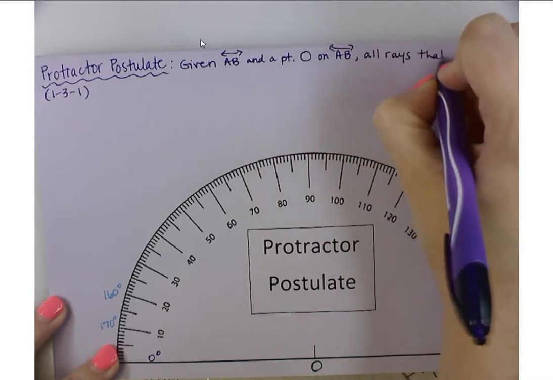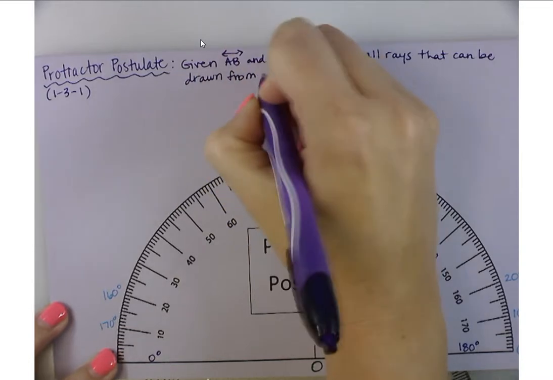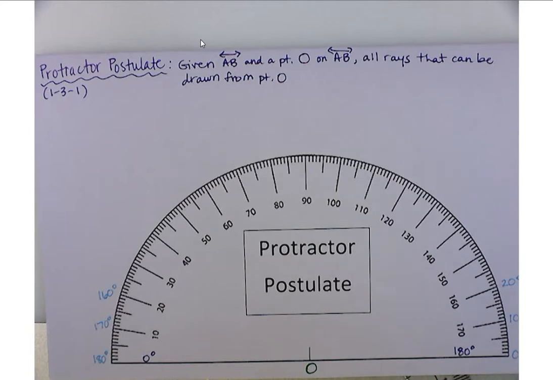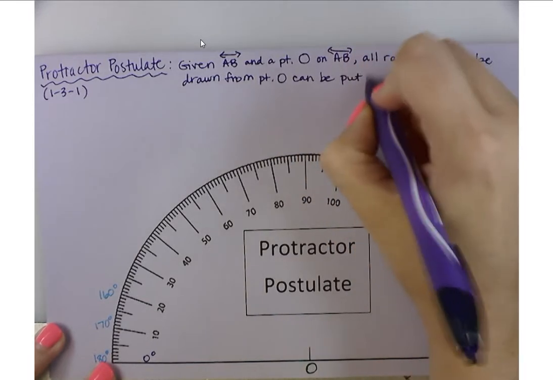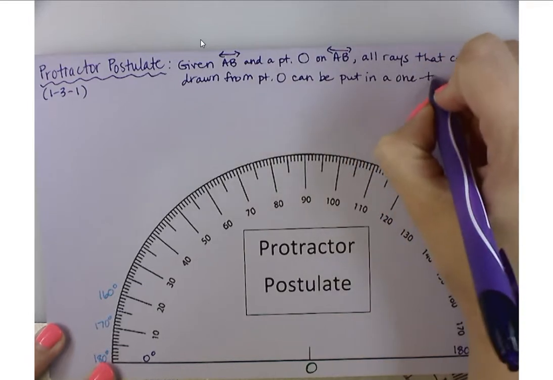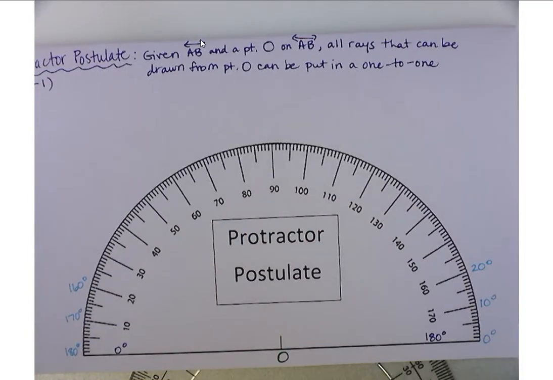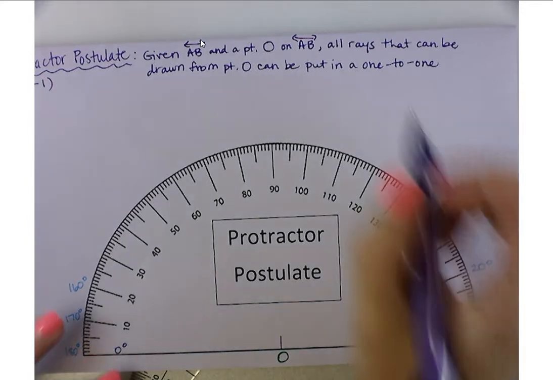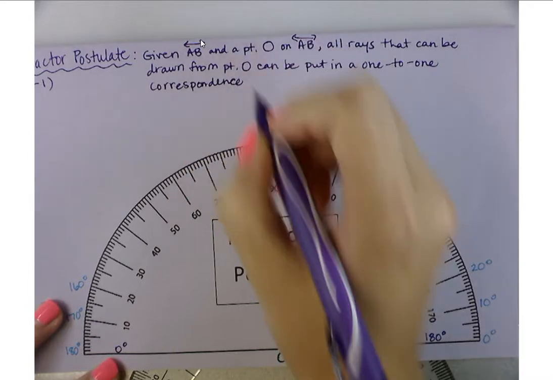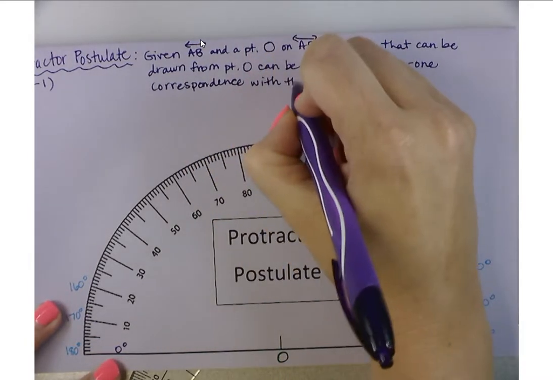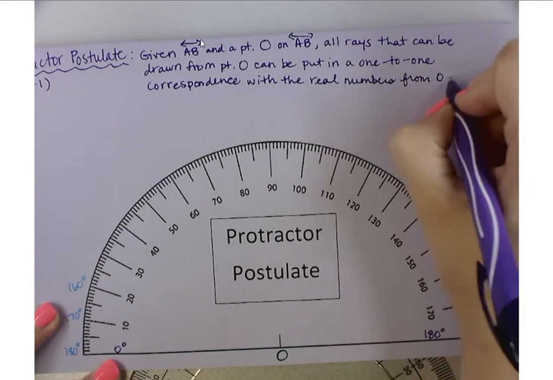All rays that can be drawn from point O can be put in a 1-to-1 correspondence with the real numbers from 0 to 180.